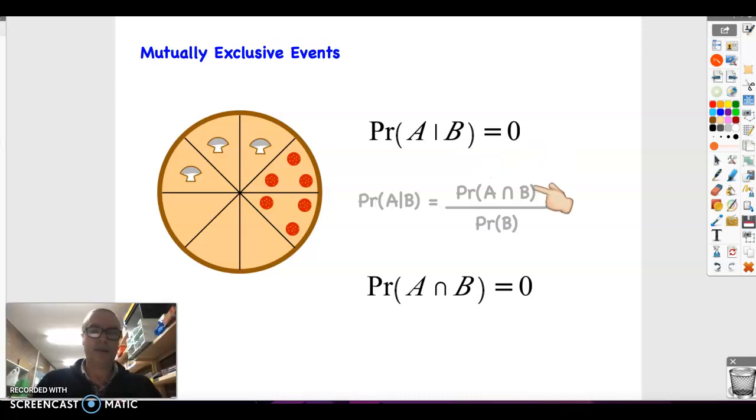And we can see that must mean that the intersection is equal to 0. If this conditional probability is equal to 0, then our numerator must be 0, and we can see that the probability of A intersection B is equal to 0 for mutually exclusive events. And that's reflected in the way the pizza is constructed. We can see that there's no intersection of pepperoni and mushroom.